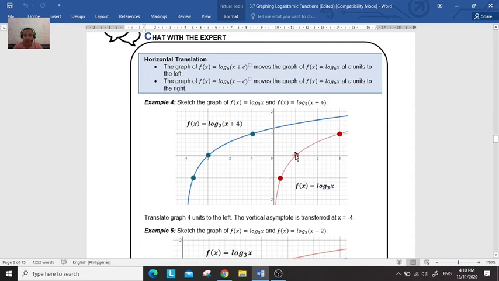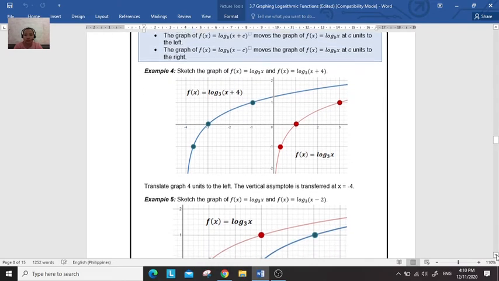So if this is our pre-image, then let's move to the left. 1, 2, 3, 4, because of this c units. 4 units going to the left. Okay. Let's proceed to the next example.